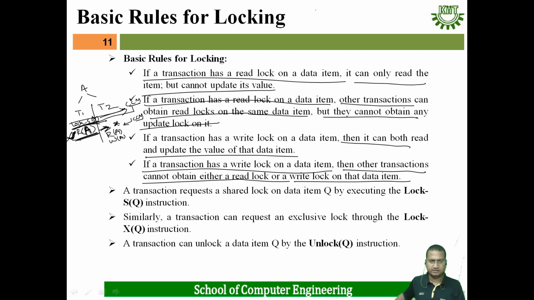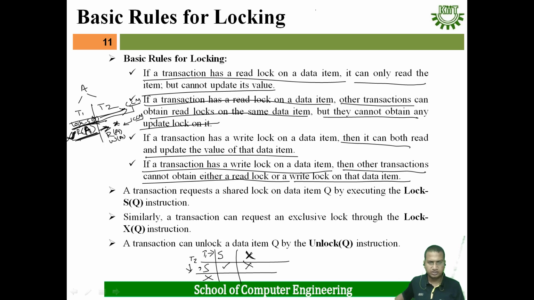Okay, that means, suppose this is the read lock and this is the write lock, one transaction T1 and another transaction T2. Suppose T1 has applied a read lock on A and T2 wants to apply a read lock, then it can be applied. Suppose T1 has already applied a write lock on a data item, X meaning write lock or exclusive lock, and T2 wants to apply a read lock, then it is not possible.